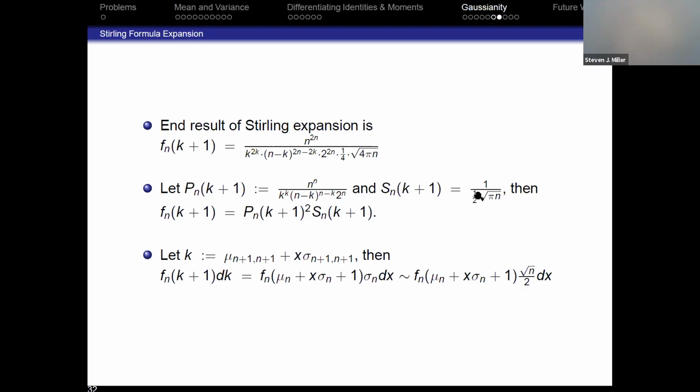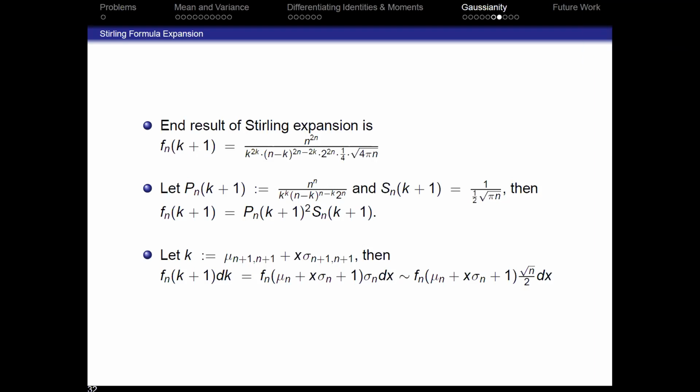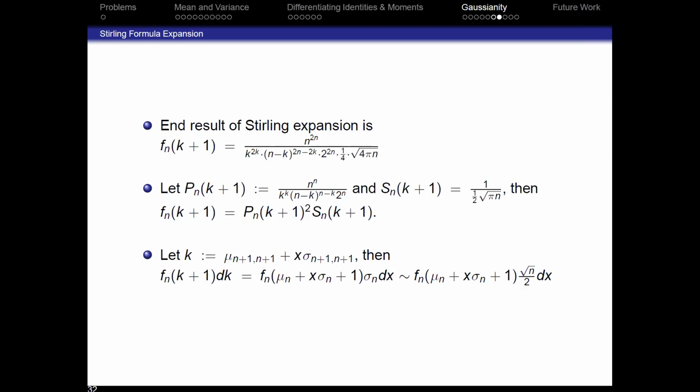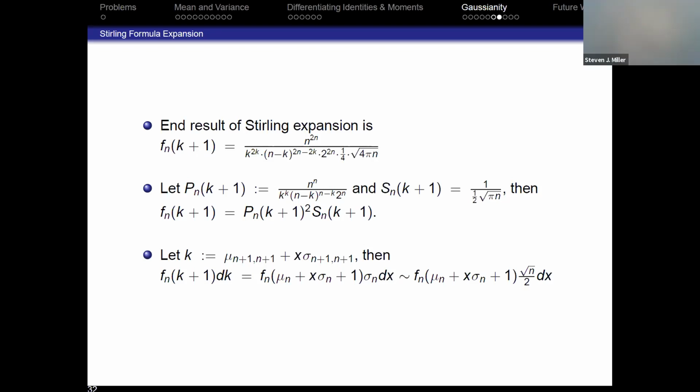Is it hard to figure out the behavior of that as n goes to infinity? In fact, that's going to converge to the normalization constant of a Gaussian. That's why we pulled it out. So that's a good question to ask. There is a method behind all the algebra. But the problem is finding a good path through the algebra.